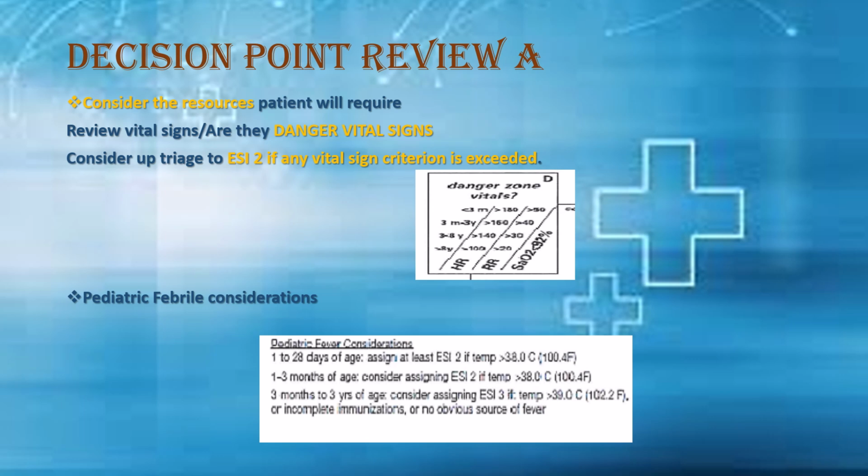Now, other than the danger signs that I have mentioned here, if a pediatric patient comes with these conditions, they are also an emergency. Like 1 to 28 days of age, if the temperature is more than 38 degrees C, it comes under ESI level 2. 1 to 3 months of age, and if the temperature is more than 38, it comes under ESI level 2. 3 months to 3 years of age, and if the temperature is more than 39, it comes under ESI level 3.